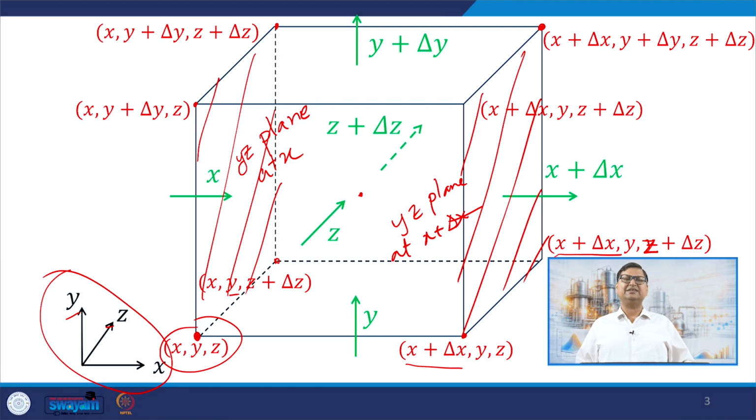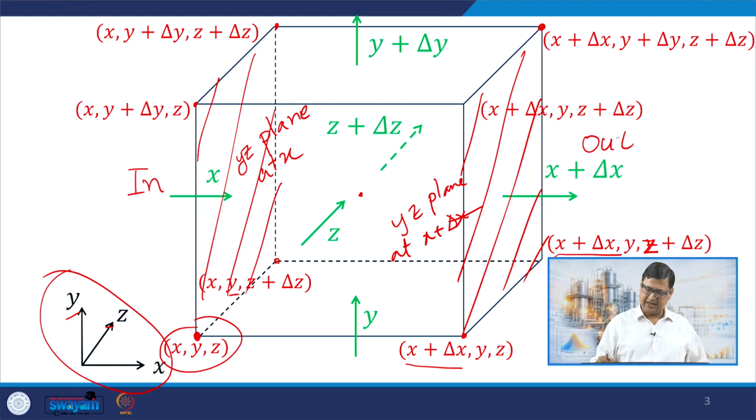And now let us say that one of these planes I define as the input plane, where the input comes in the control volume, and the other one I define as the output plane, right. So, in this case, I define this one as my input and this one as my output. The perpendicular direction of the YZ plane is my x direction, right.